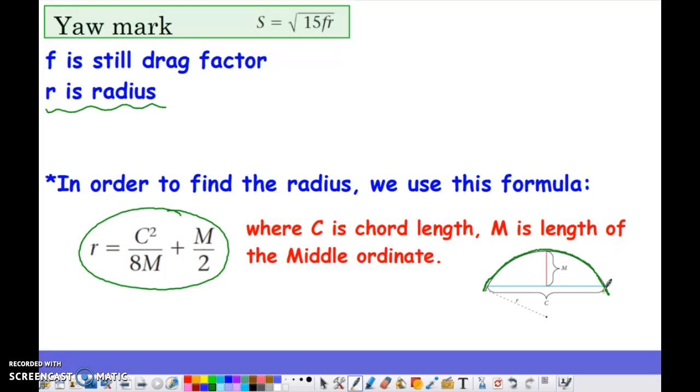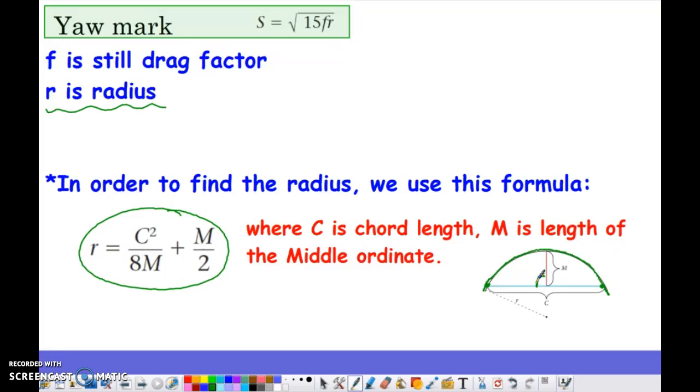Here are two points on my arc, right here and right here. The chord length is the distance between the two of them. The M we call the middle ordinate, which is the line perpendicular to the chord, in other words, the line that makes a 90-degree angle with the chord. It goes from the center of the chord out to the edge of the arc.